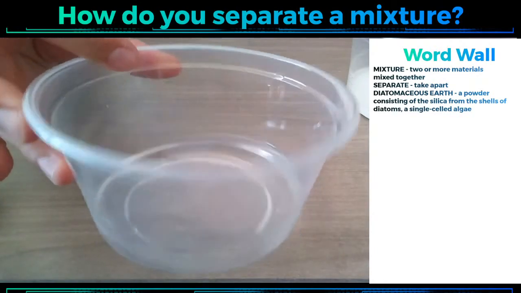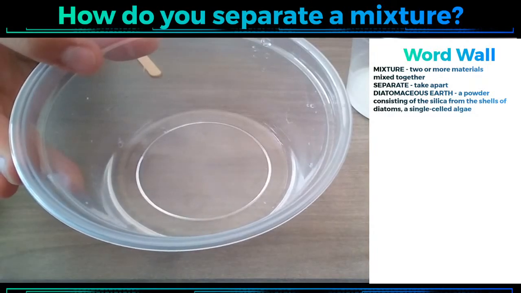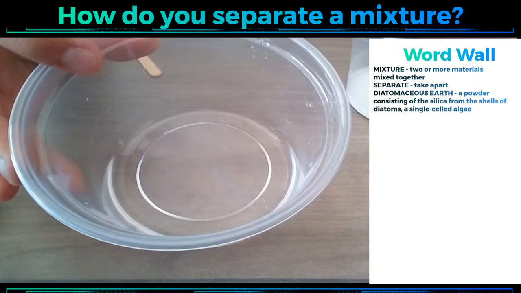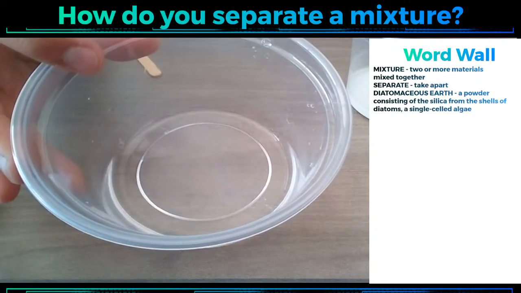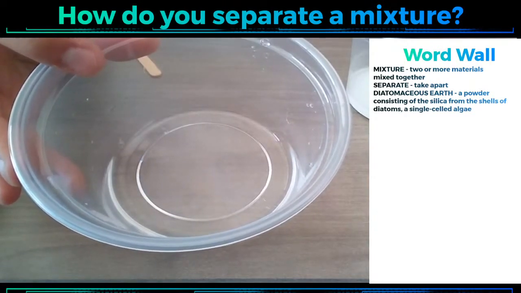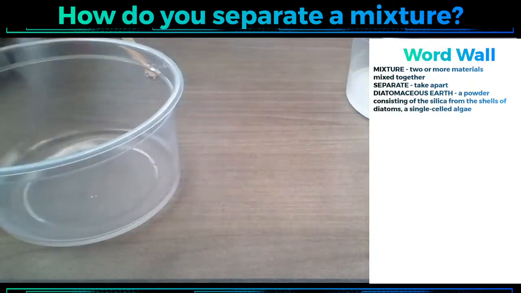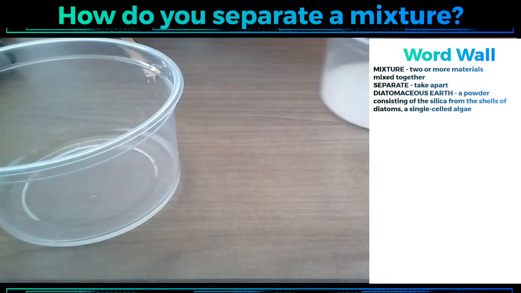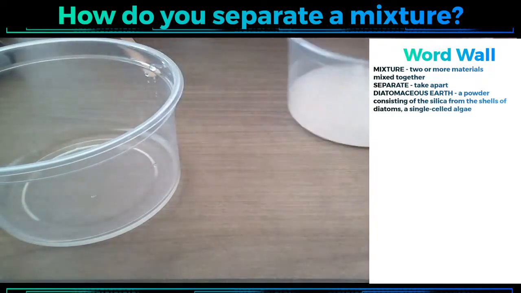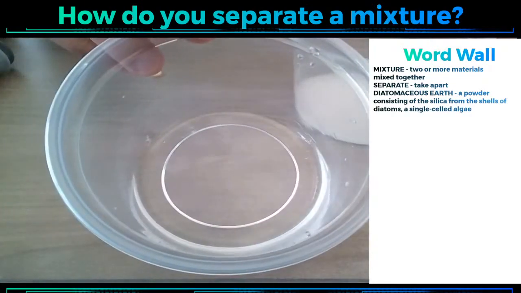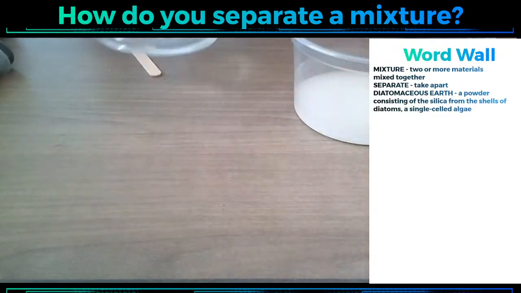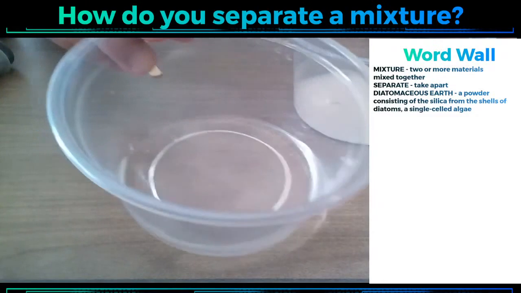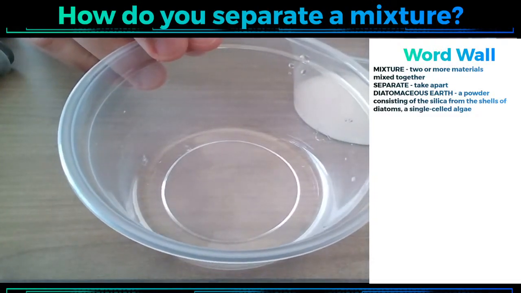Yeah, pretty clear, huh? Curious. Where'd the salt go? This one's tricky because we can still see the gravel. We can still see the diatomaceous earth, but we can't see the salt anymore. There's the right cup, right? Yeah, that's the right cup. I don't know any others here, so that's the salt water.